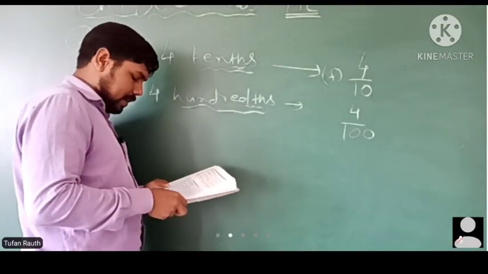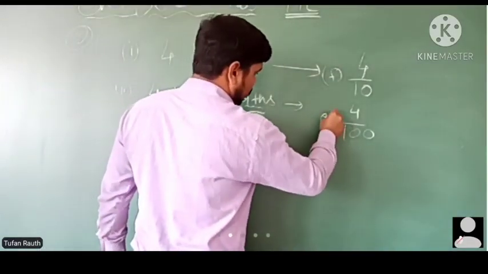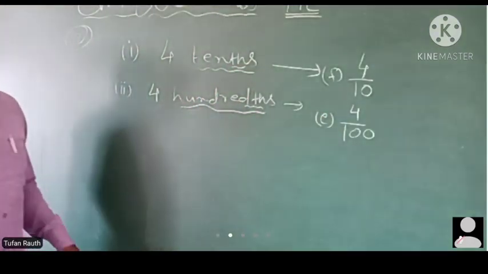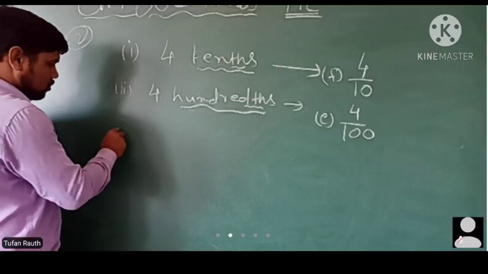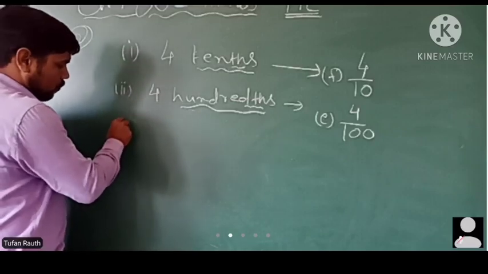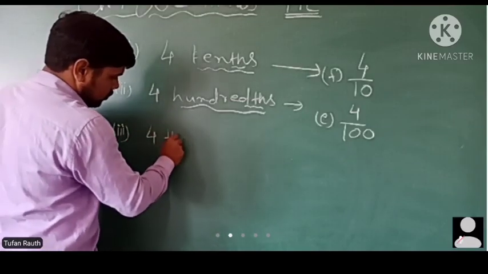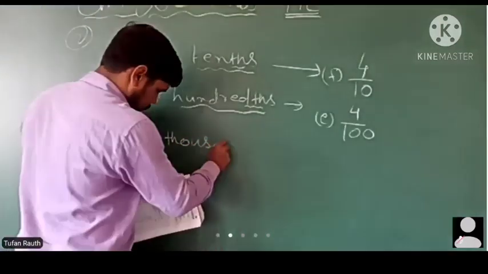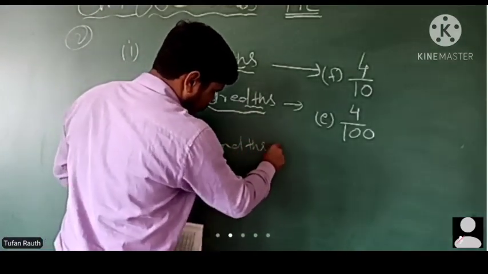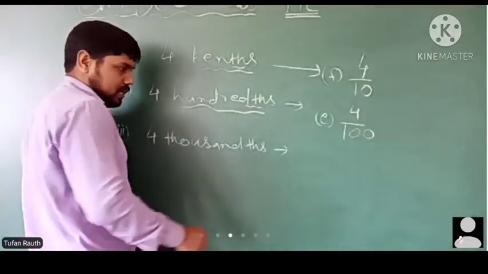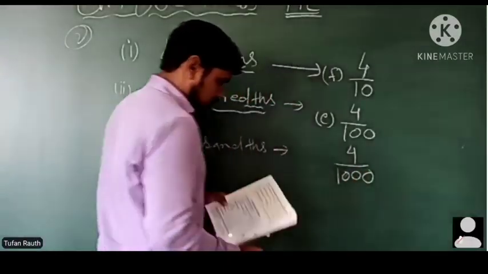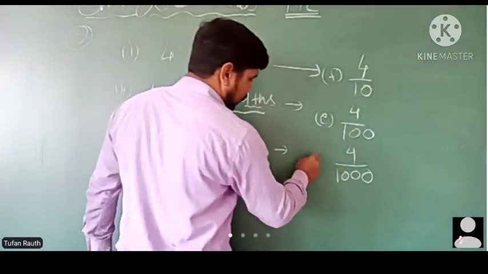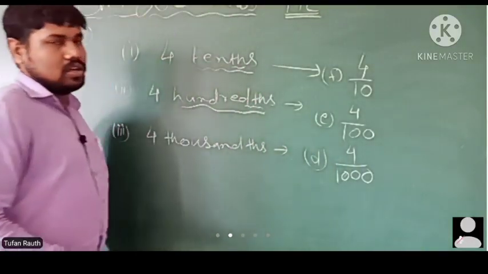You can see option E, so this will be matched with option E. After that, the third one is 4 thousandths. Thousandths means 4 divided by 1000, which is option D. So this will be matched with option D.